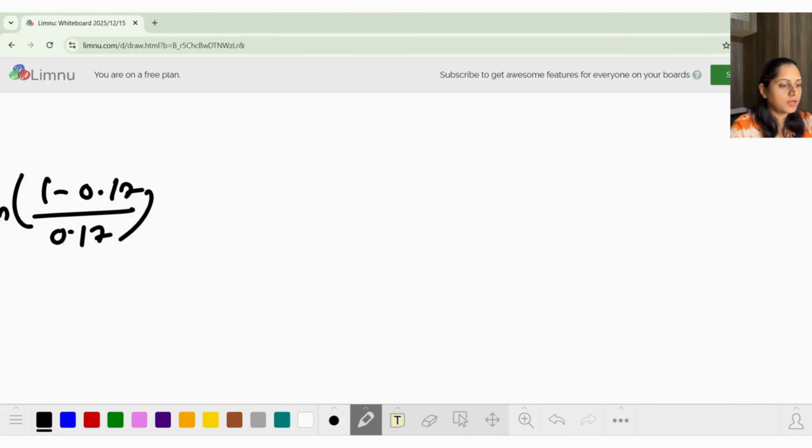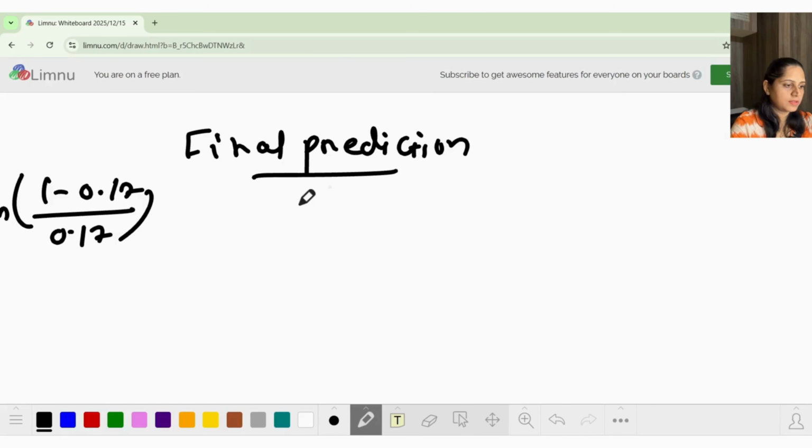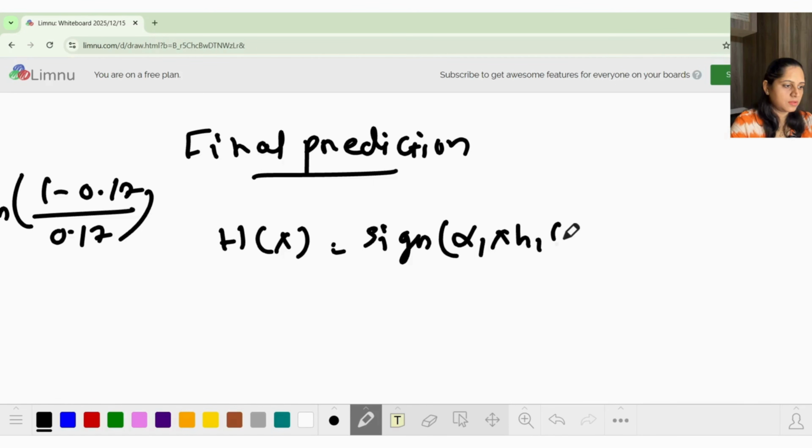So how do we understand that? We have a final prediction formula, which we call h of x, equal to sign of alpha 1 into h1 of x plus alpha 2 into h2 of x.